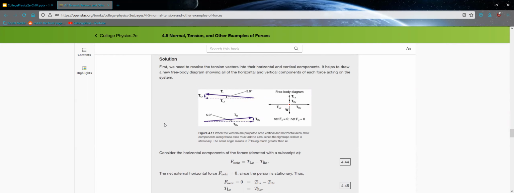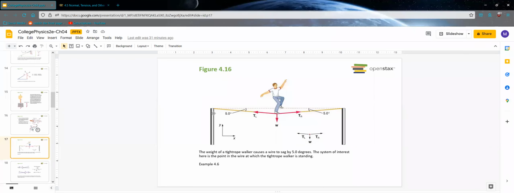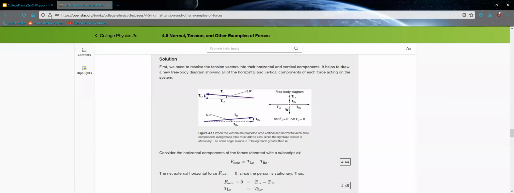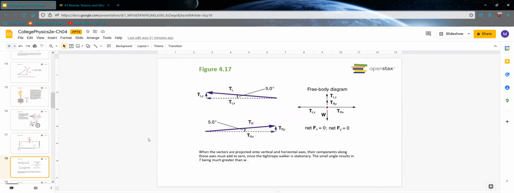You have your hypotenuse, your long section, which is the rope itself. But since there's an angle there, you can break it down into its X and Y components, and then you can use those X, Y components to solve the questions, which is why they break it down here.